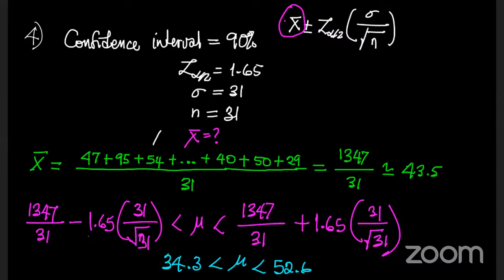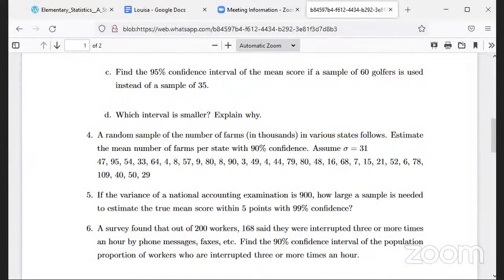So question 5. If the variance of a national accounting examination is 900, how large a sample is needed to estimate the true mean score within 5 points with a 99% interval?